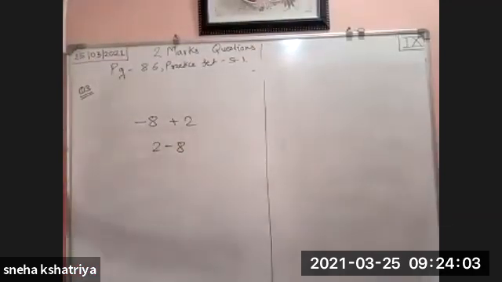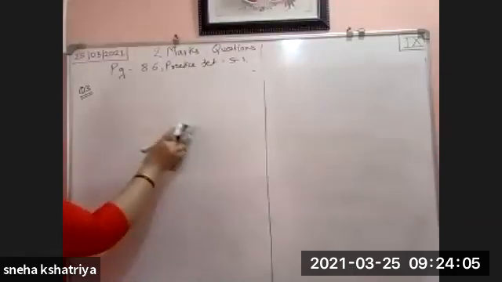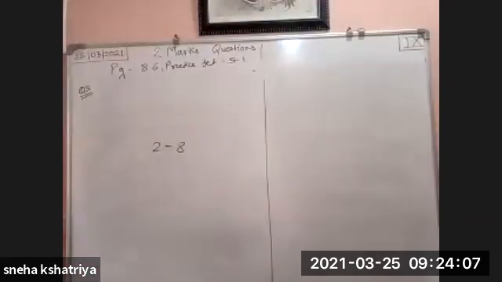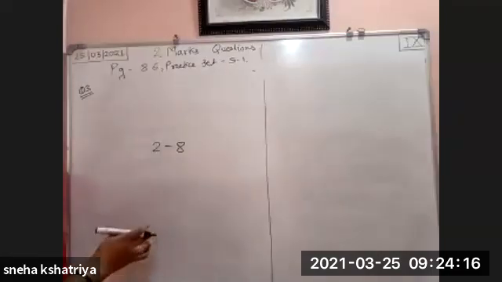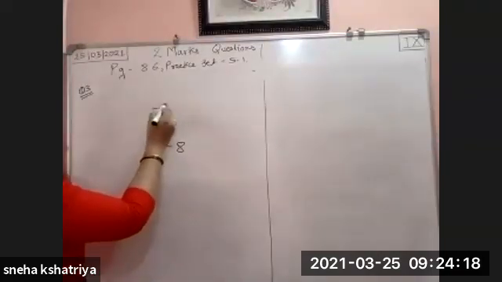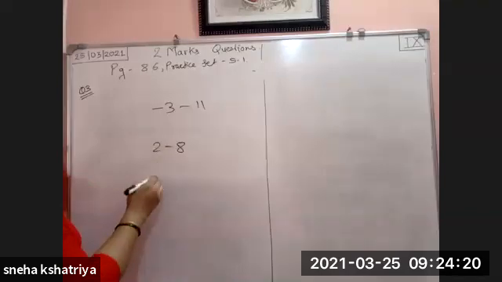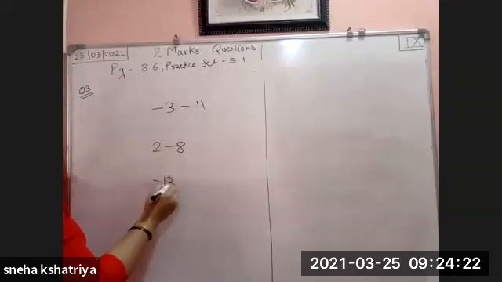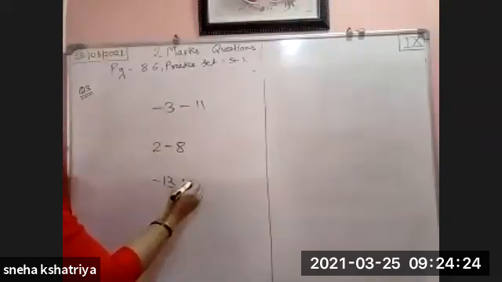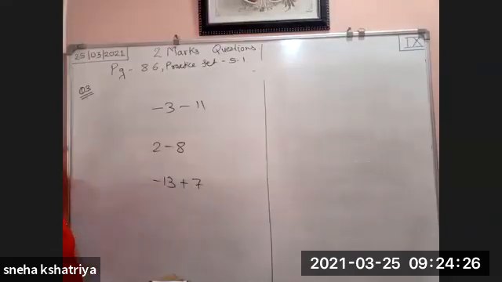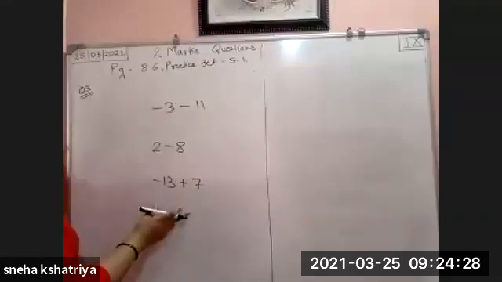Either can happen. You can at least find it out. But such kinds of examples are there. 2 minus 8, we cannot judge it as soon as we see this. Or -3 minus 11. -13 plus 7. Such kind of addition when plus and minus are there.